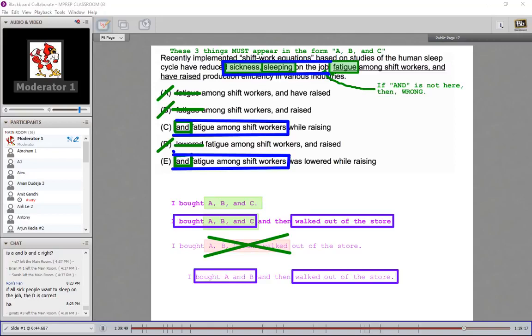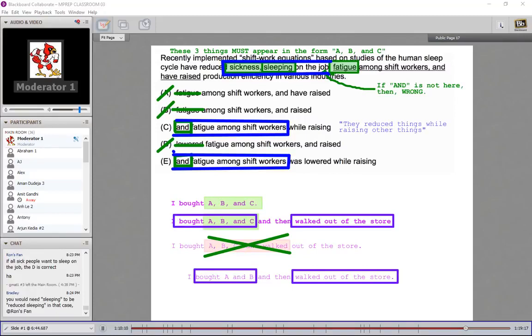So C just says these equations reduced stuff, things, while raising other things. This, on the other hand, says they reduced things was lowered. That is definitely not right. Two big problems there.